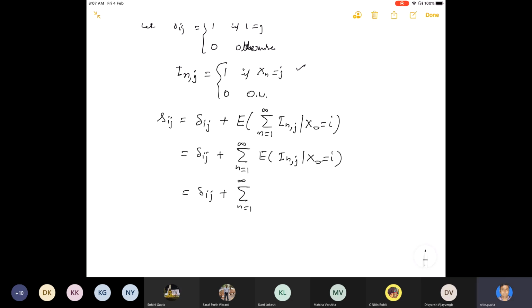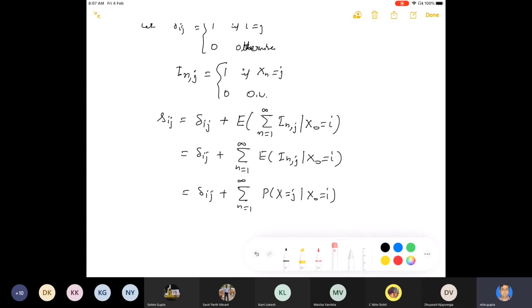So therefore this will be 1 times probability Xn is equal to j given X0 is equal to i, plus 0 times probability Xn is not equal to j given X0 is equal to i.